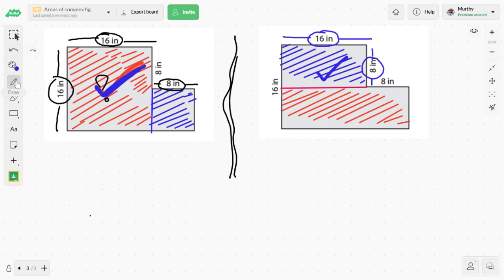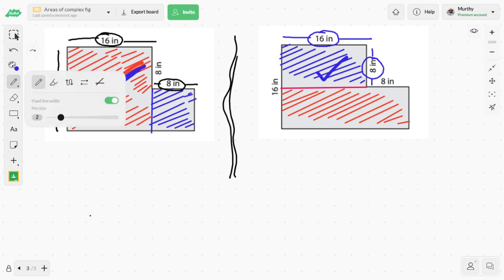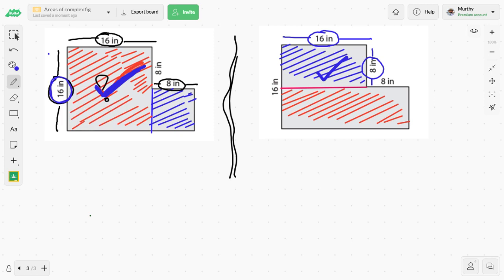If it is 16 inches, the opposite side is supposed to be 16 inches. But out of 16 inches, I see that this is 8 inches. Now, can you guess what the remaining part is? Yes, you can. I repeat again. Let me show this part separately.